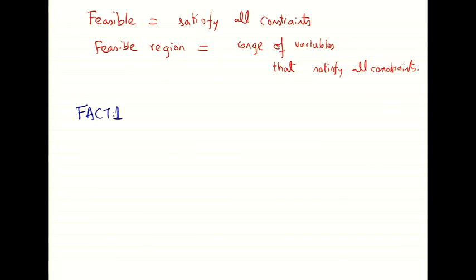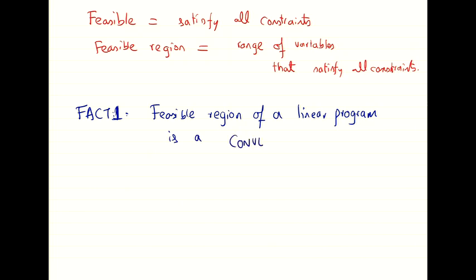I'll put in 3 facts maybe today. Fact 1: the feasible region of a linear program, if it's non-empty, is a convex polygon in 2 dimensions, but in higher dimensions you'd call it a polyhedron.